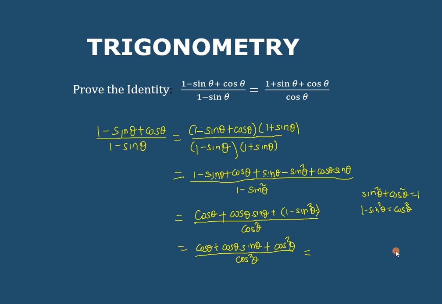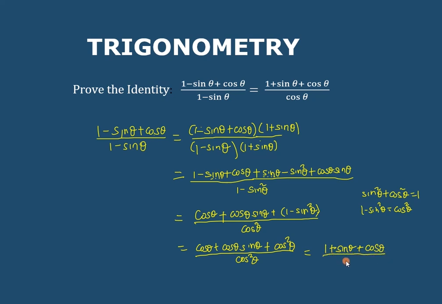If I divide here by cos theta, I get 1 plus. If I divide cos theta sin theta by cos theta, I'm going to get sin theta. If I divide cosine squared theta by cos theta, I'm going to get cosine of theta.